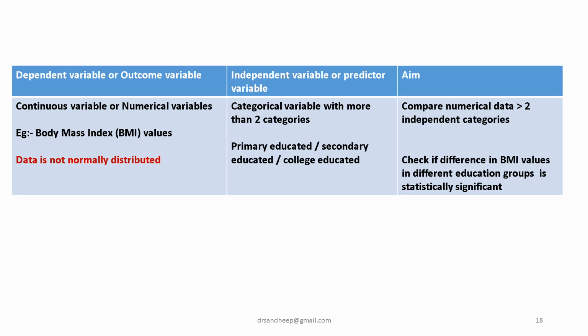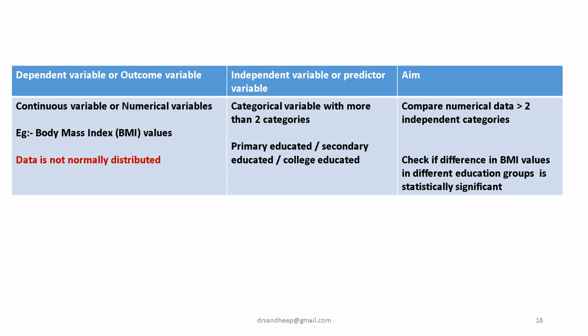Next scenario. The dependent variable is a continuous variable such as body mass index. Data is not normally distributed. And the independent variable is a categorical variable with more than two categories like primary educated, secondary educated, college educated, like that. More than two categories are there. Compare numerical data among more than two independent categories.